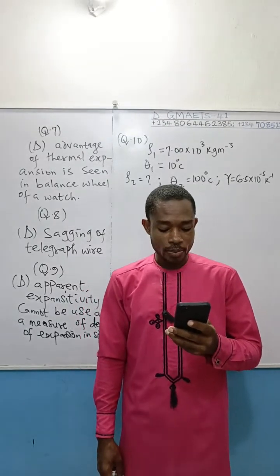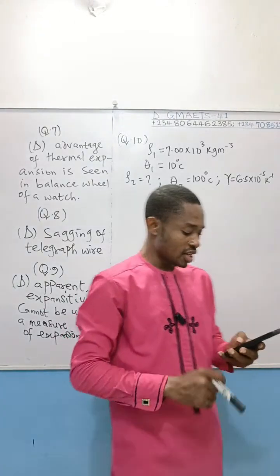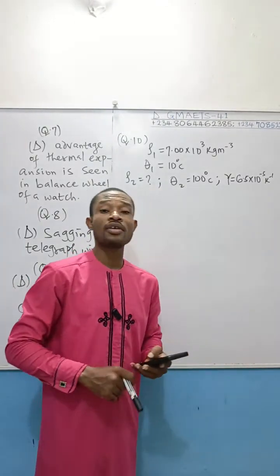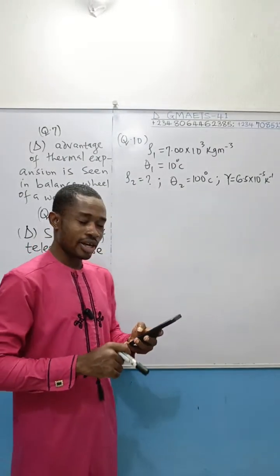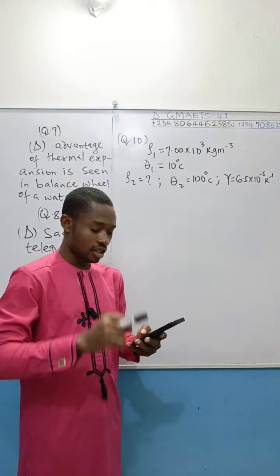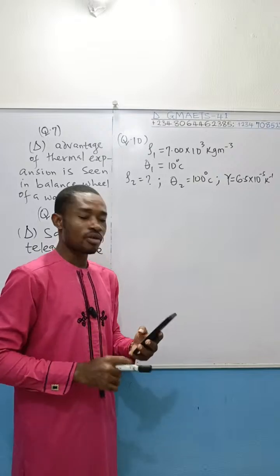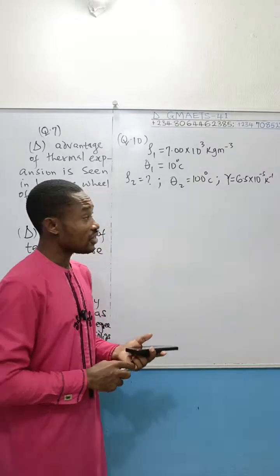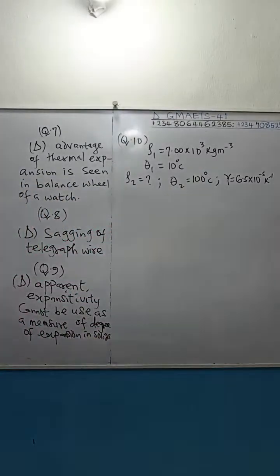Option C, 7.08 times 10 to the power of 3 kilogram per cubic meter. And option D, 7.00 times 10 to the power of 3 kilogram per cubic meter. These are the options provided. I hope this did not cut off from the screen. That's good, it is there.